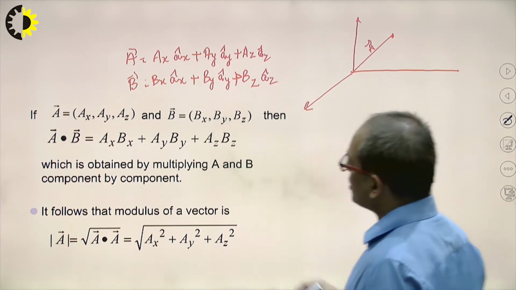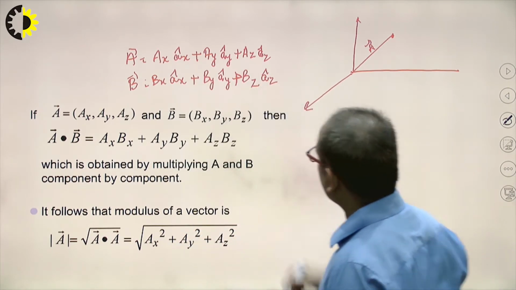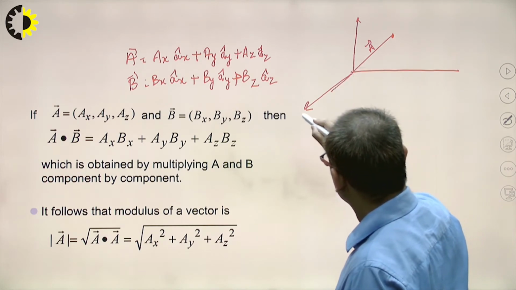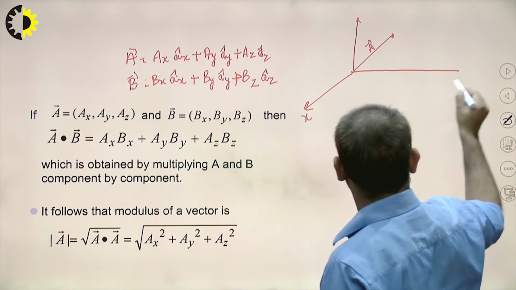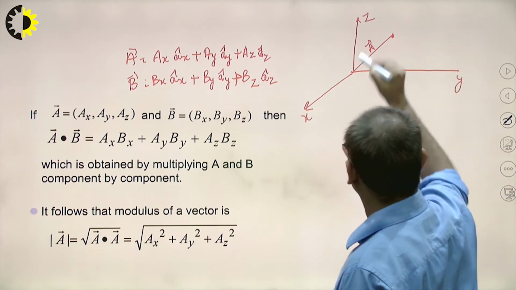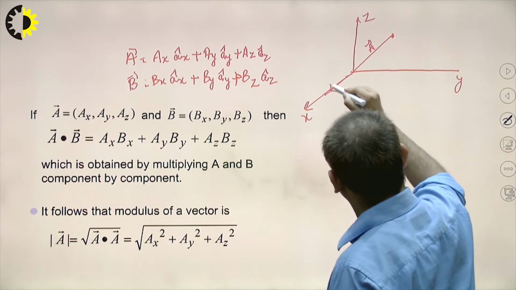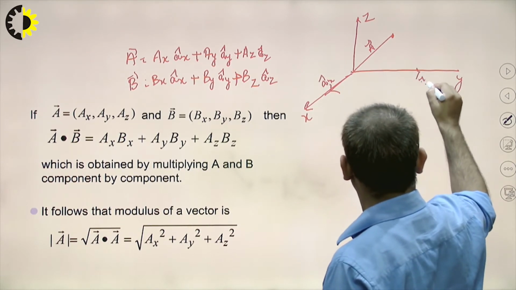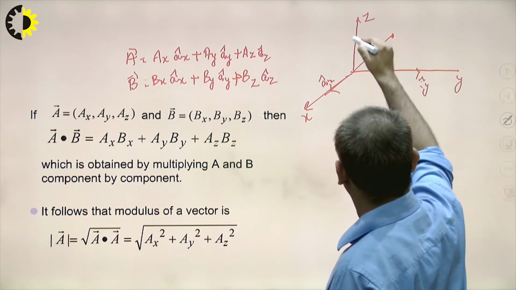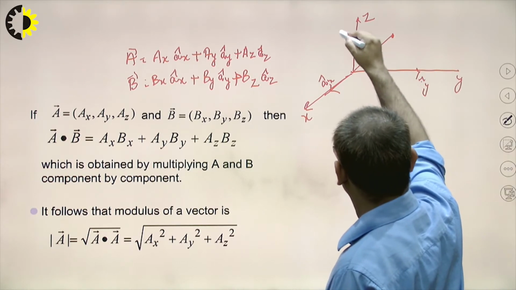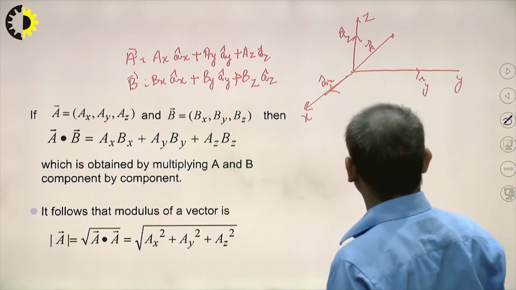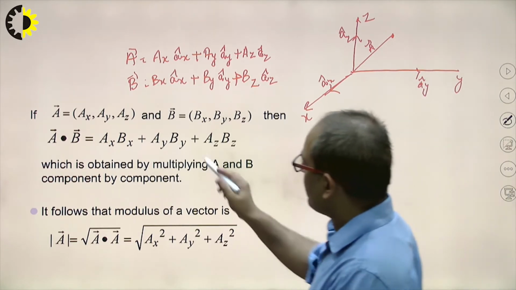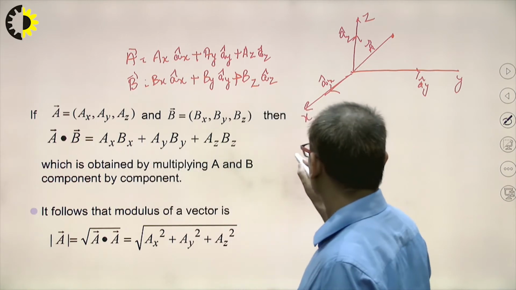Now see, what do a cap x, a cap y define? They define the unit vectors in these directions. If I say this is x, this is y, and this is z, then a cap x is in this direction, a cap y will be in this direction, and a cap z in this direction. Clear?